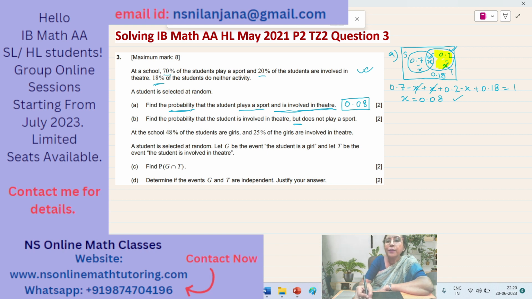So what is the value for that? It is 0.2 minus x, and now that we know the value of x, we can get the probability of that portion.